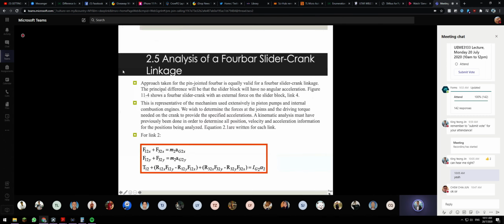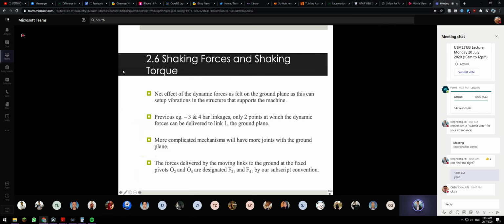So now we will continue to look at, just now I mentioned there is a pin force, right? And then we also calculated the T12, right? So T12 is the torque, and the pin force is the F. But when you talk about shaking force, normally we refer to the force acting on the ground link, which is link 1.